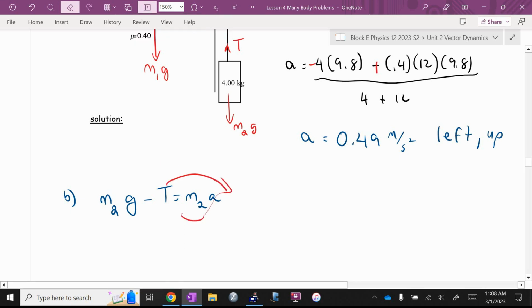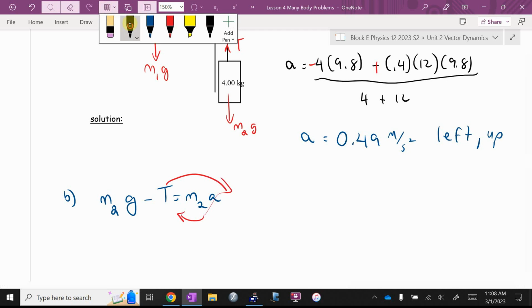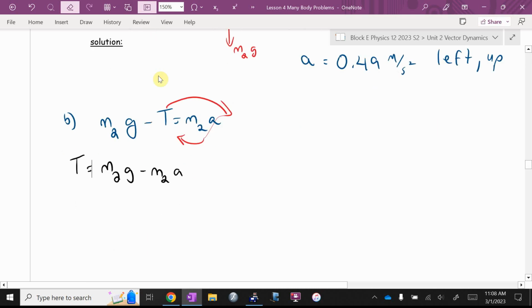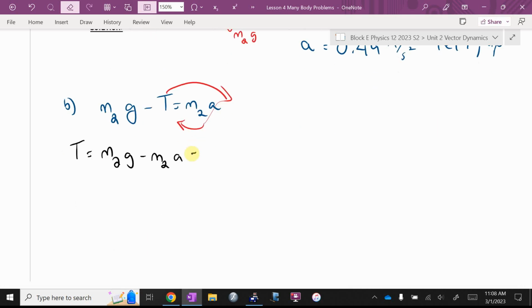Swappy dance. M2G minus M2A. That equals tension. What was M2? Eric, I've scrolled down. What was it? G, 9.8 minus 4 times 0.49.